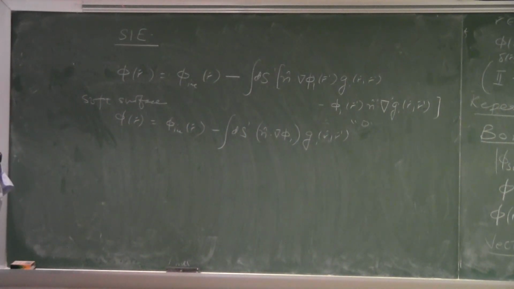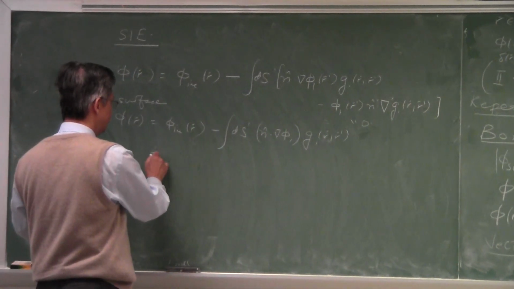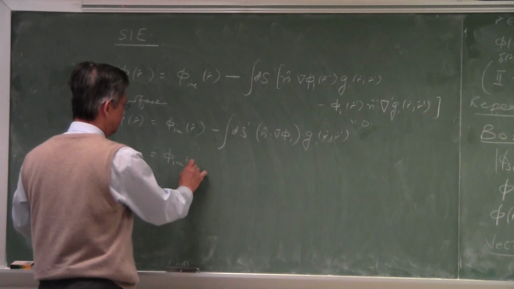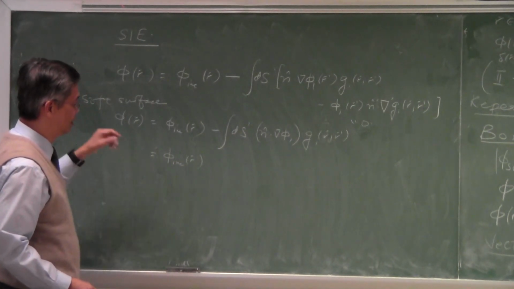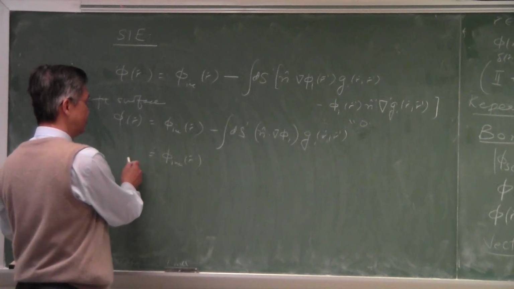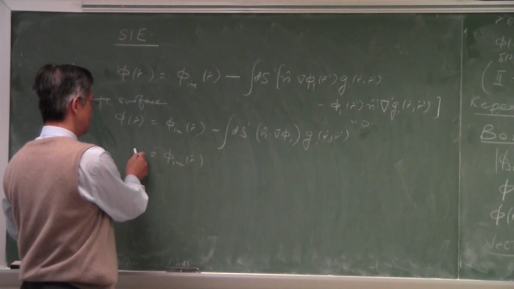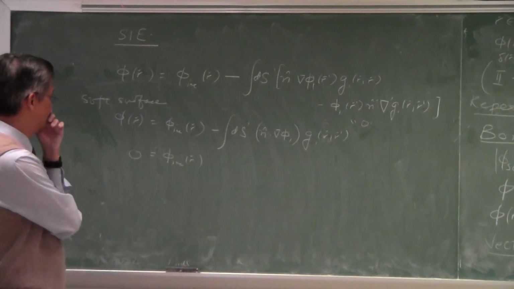So you can think of this as a problem involving only one unknown, and you can apply the extinction theorem, and this should be equal to 0.